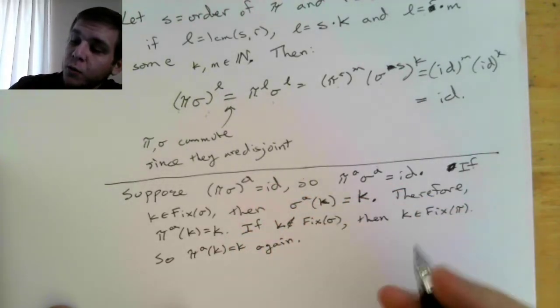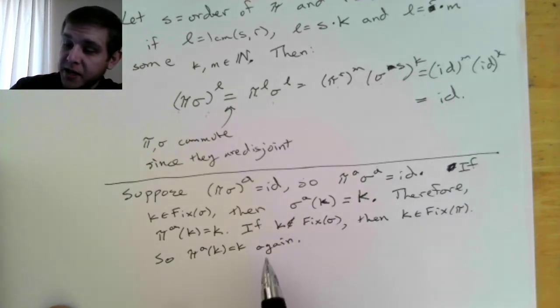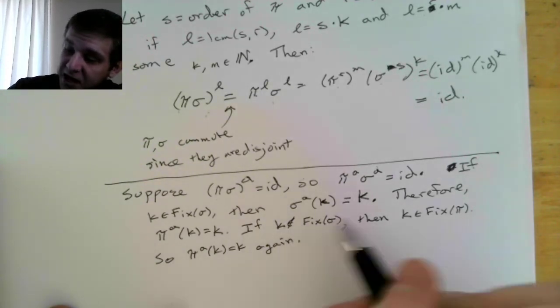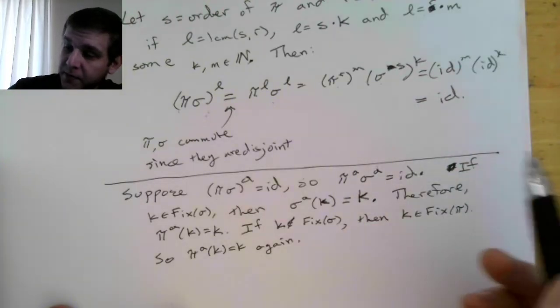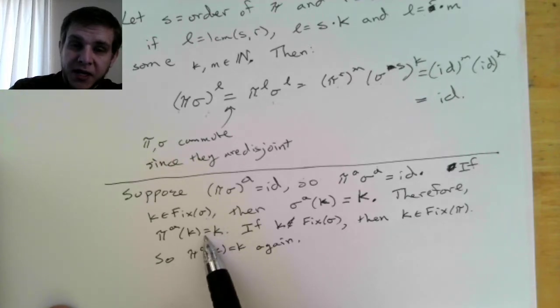So no matter which type K is, whether it's fixed by sigma or not, pi to the A of K is equal to K. Here we looked at the case when K is fixed by sigma, and we got that pi to the A of K is equal to K.